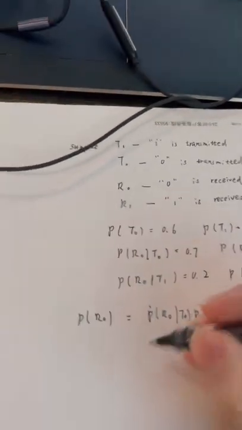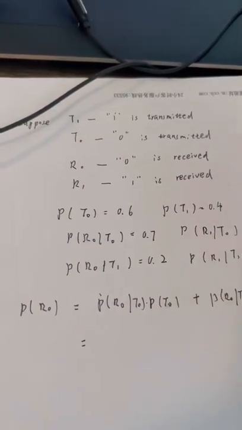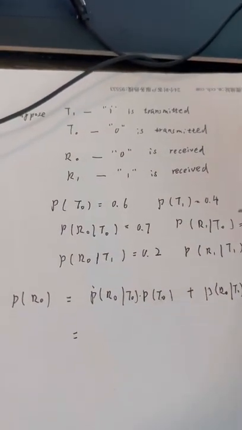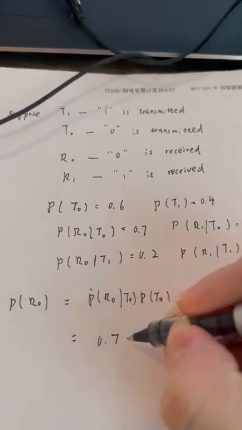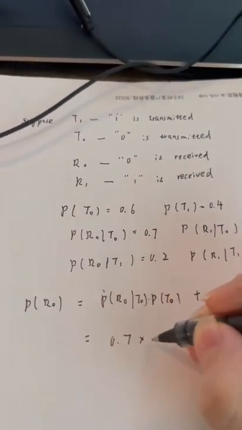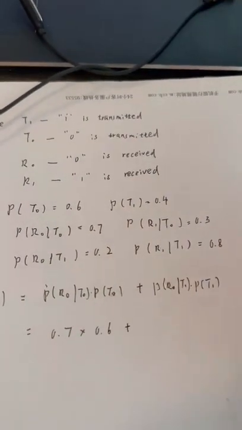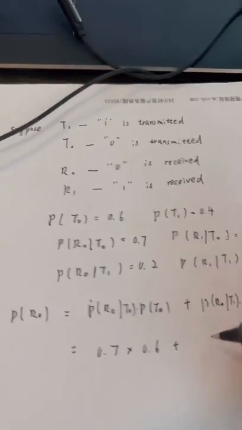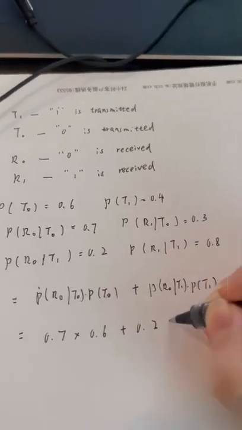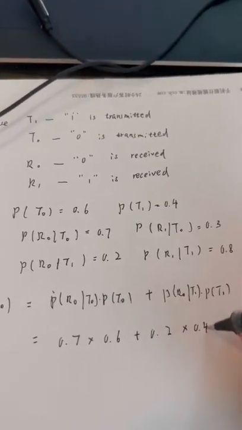Then we only have to substitute the actual numbers into it. P(R0) under condition T0 is 0.7 times P(T0), which is 0.6, plus P(R0) under condition T1, which is 0.2, times P(T1), 0.4.